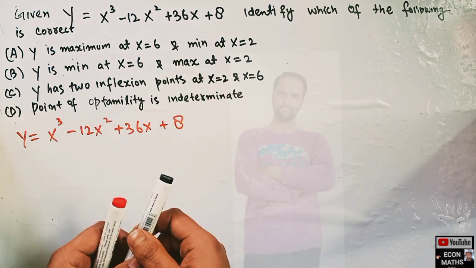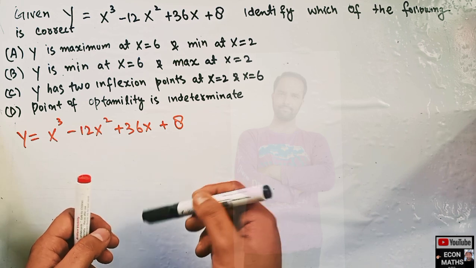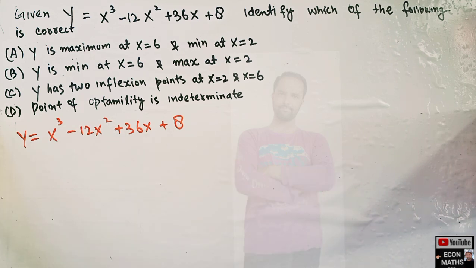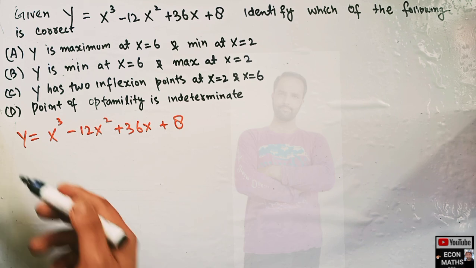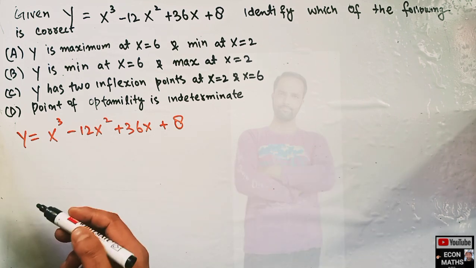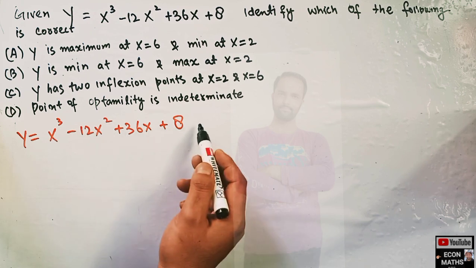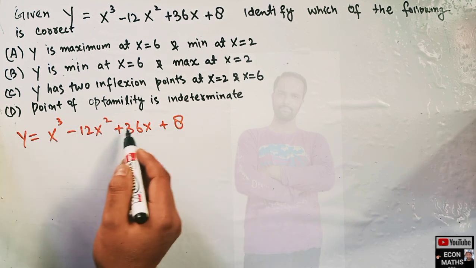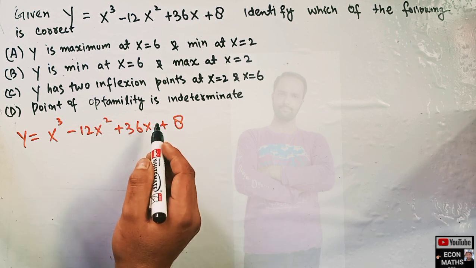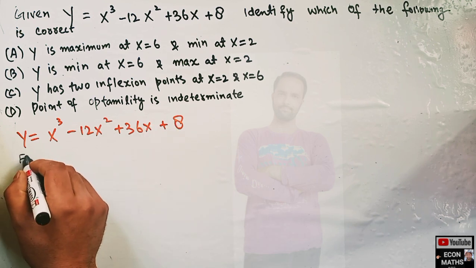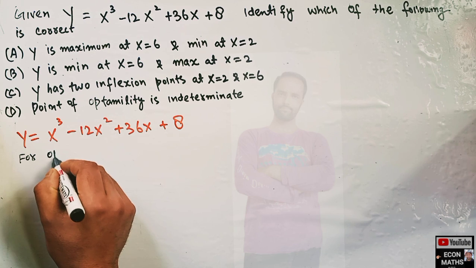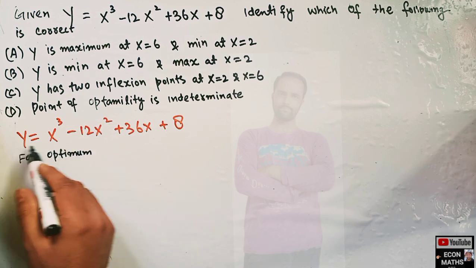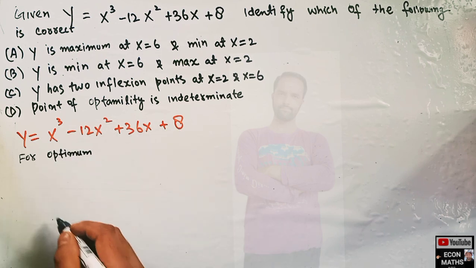Okay, so first we will see how to find maximum and minimum points here. So this is our function. To find maximum or minimum points, we just need to take the derivative of this function with respect to x and set it equal to 0. So for optimum we differentiate this with respect to x.